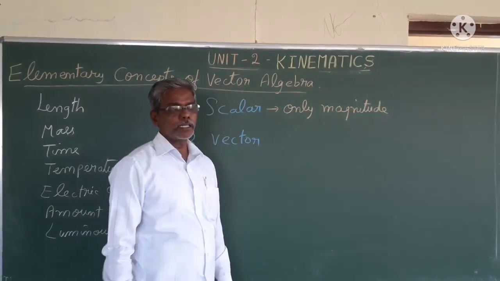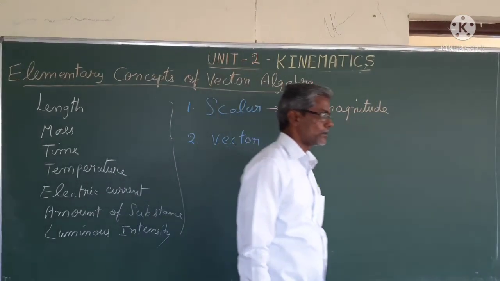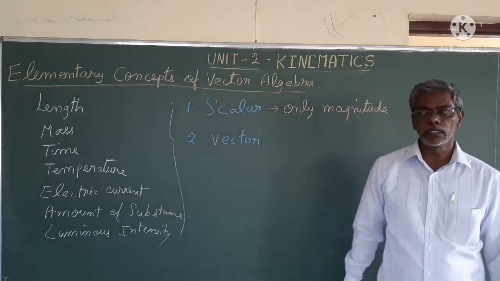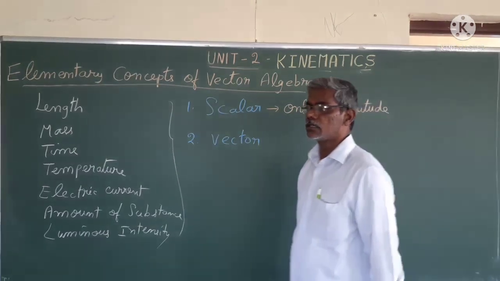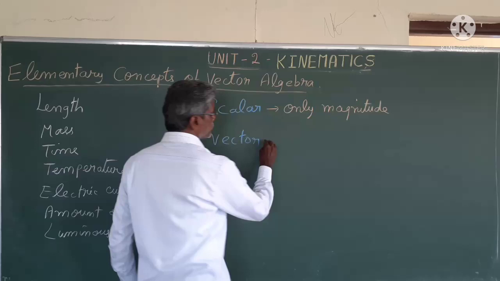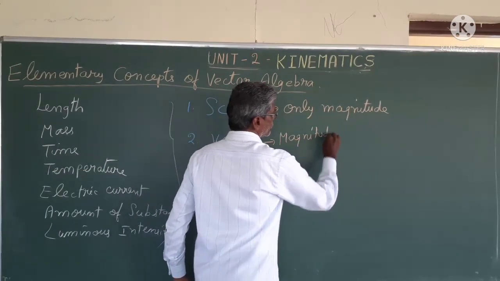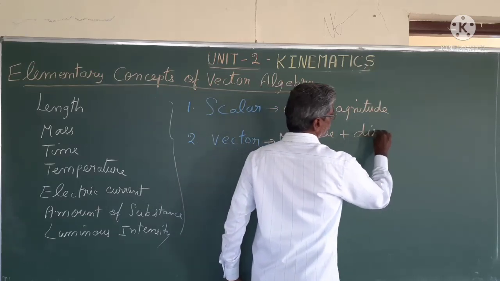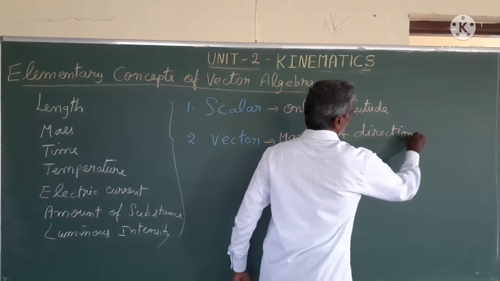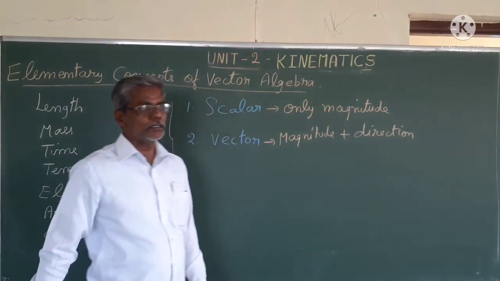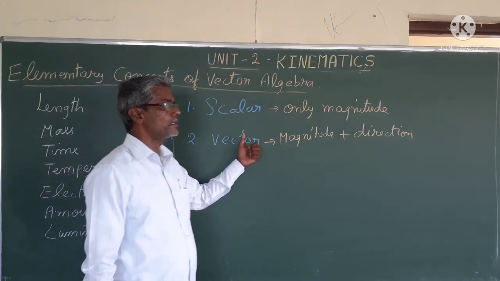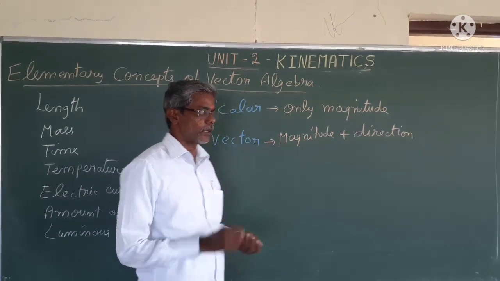If a physical quantity has only magnitude, I can call it a scalar. Vector means both magnitude and direction. If a physical quantity has both magnitude and direction, then I can call it a vector.